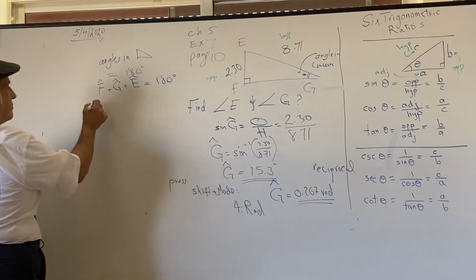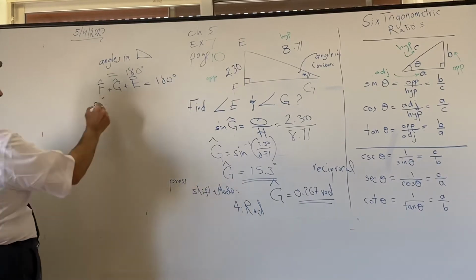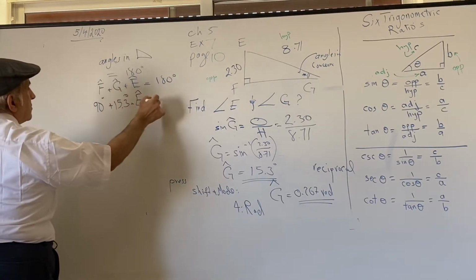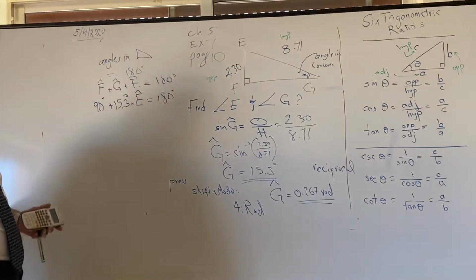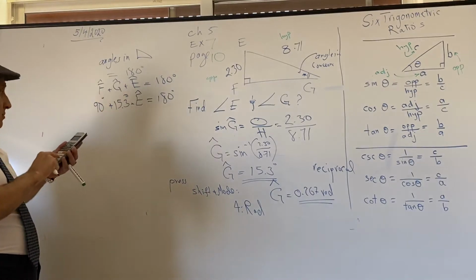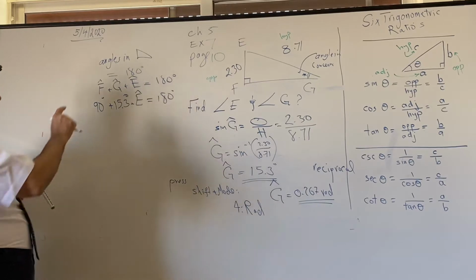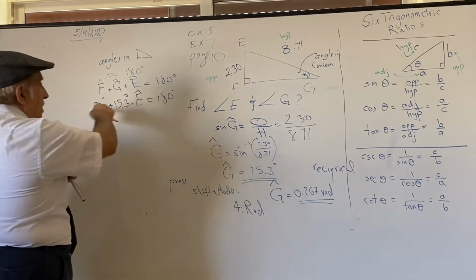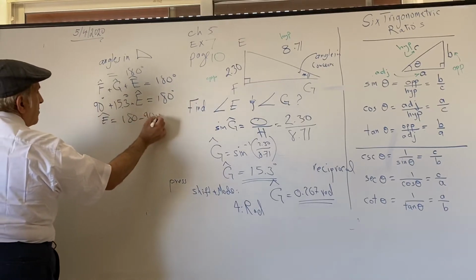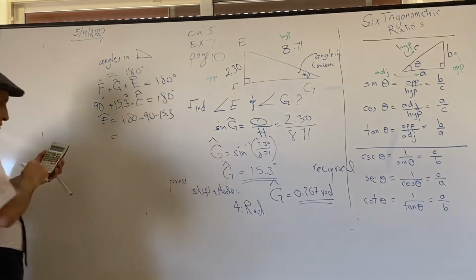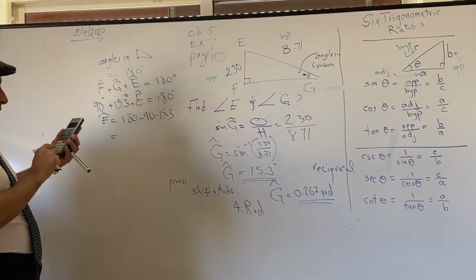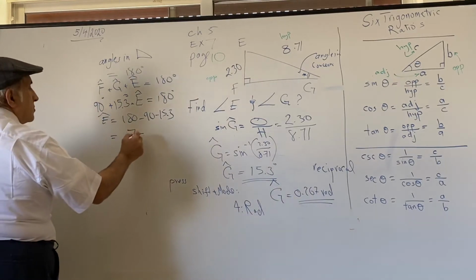I have F, I've got G, and I need E. You know from chapter 1 how we solve simple equations. Take those two, add them up, and this one minus those. So E equals 180 minus 90 minus 15.3, and the answer is 74.7.